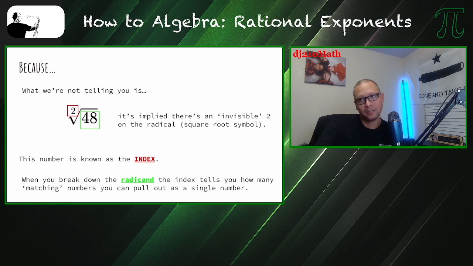If this was a cubed root, then you would group together 3 2s and you'd pull it out as a single 2. So that's essentially what's happening. And depending on what the root is, will depend on how many of the matching numbers you will group together, basically. So let's see an example.